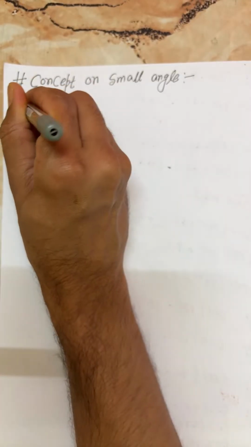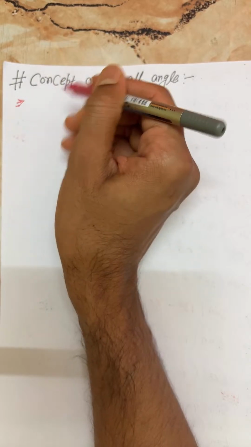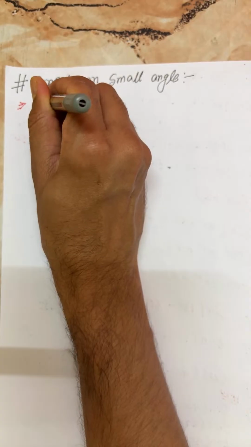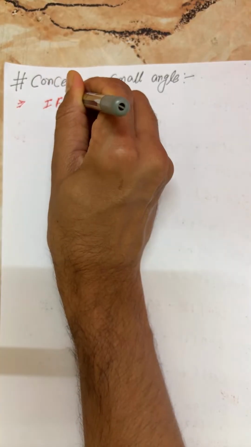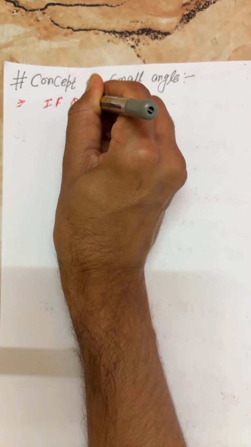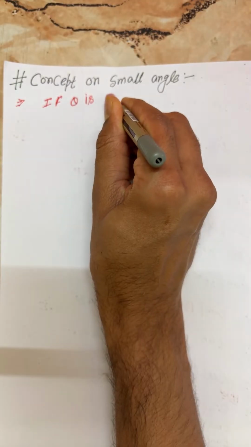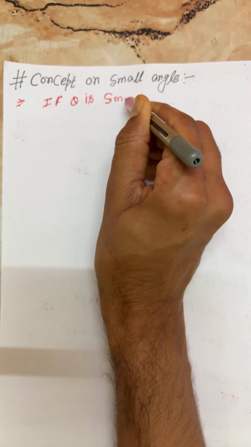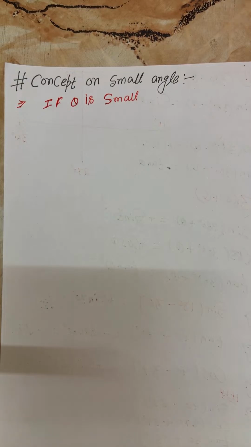Students, if they mention that theta is small, you can ask, sir, what is the range of a small angle?